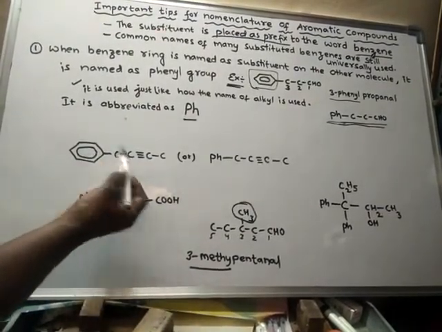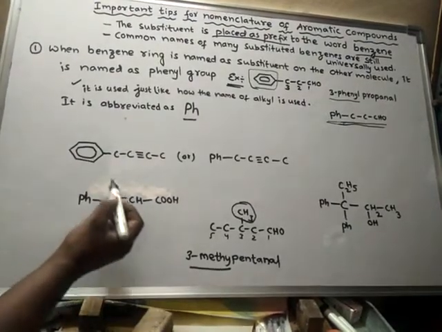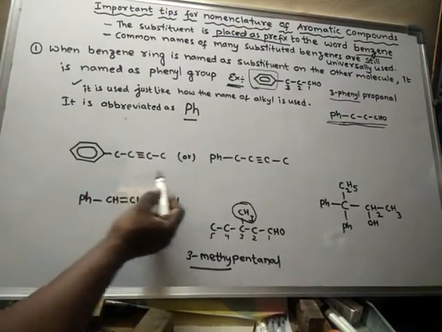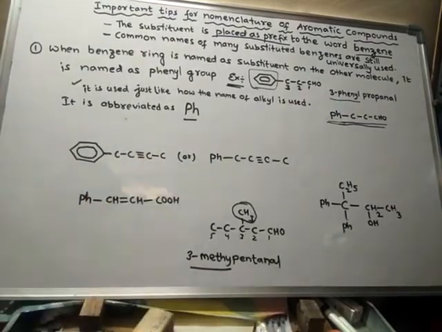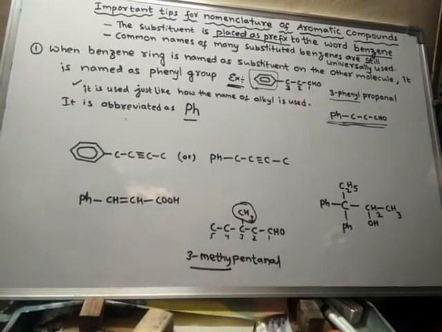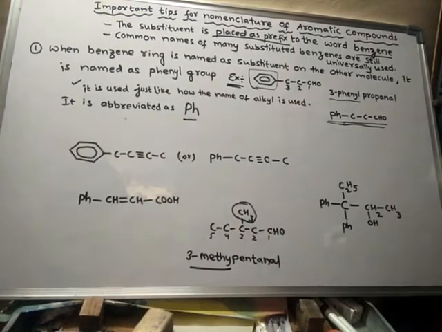So for numbering, we have to see that if there is no functional group in this parent chain, then we have to give priority to the multiple bonds. For numbering we have to give priority to the multiple bonds. After giving priority to the multiple bonds, only then is priority given to the substituent.